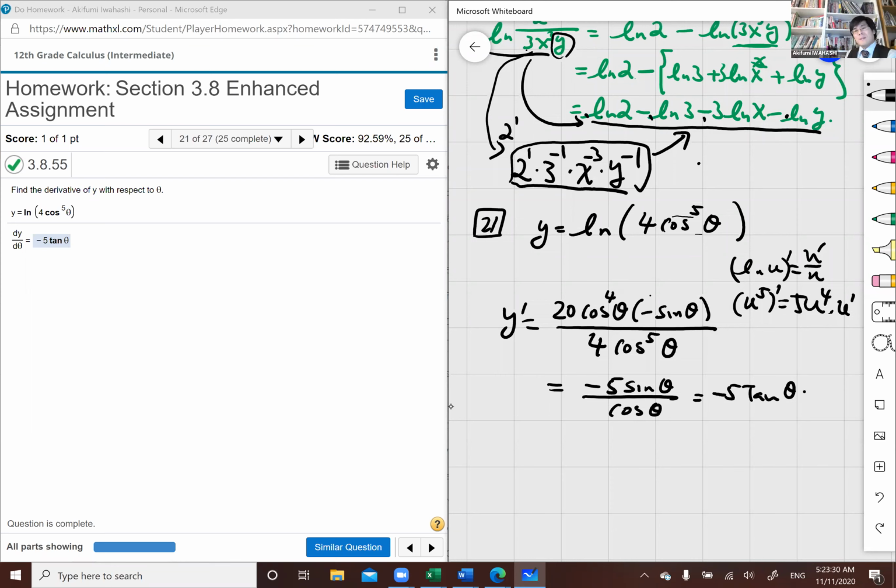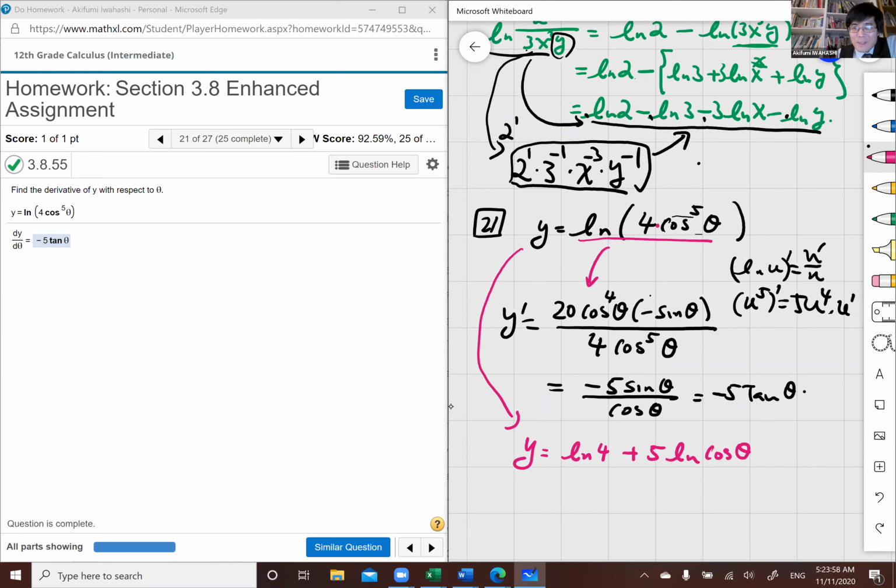Is it a bit complicated? You could actually make this simpler. How do we do it? Before directly differentiating, try to rewrite this expression into sums. You notice that this is just a product here. So if you rewrite this expression as ln of 4 plus 5 times ln of cosine, then it's much easier to differentiate.